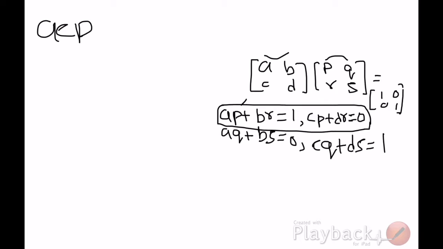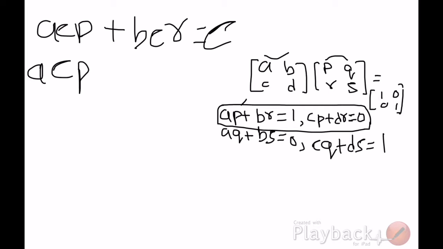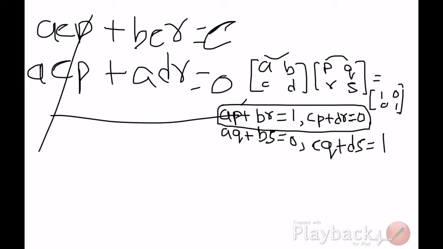ACP plus BCR is equal to, do we get C? Just C, because it's 1 times C. And the other equation is the same way, we multiply by A this time though. Here we get ADR is equal to, and A times 0 is 0. So when we subtract these two, the ACP terms cancel.